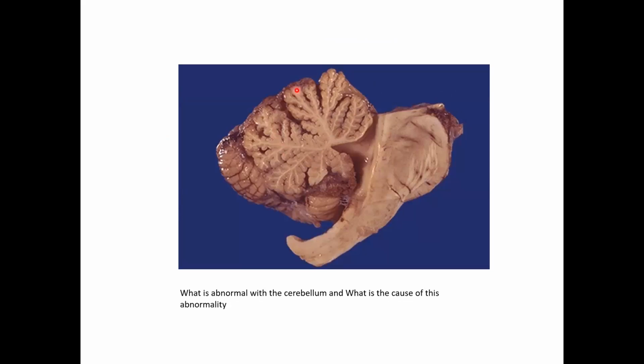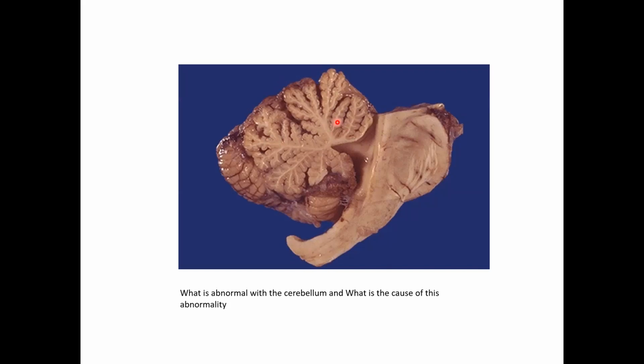Okay, this is the cerebellum, and the cerebellum appears atrophic. في atrophy of the cerebellar vermis, the cerebellar tissues, mainly affecting the superior anterior parts. And this is caused by chronic alcoholism.